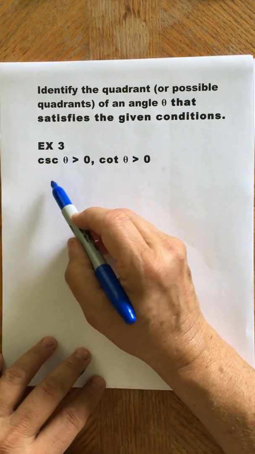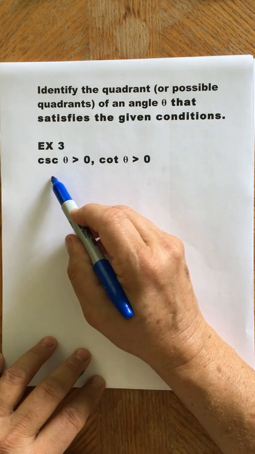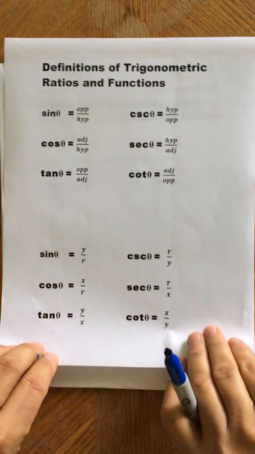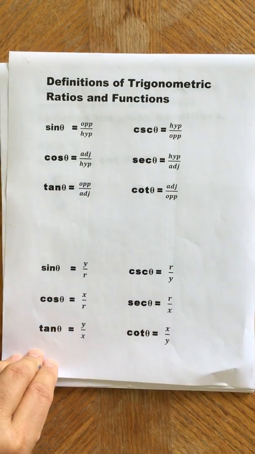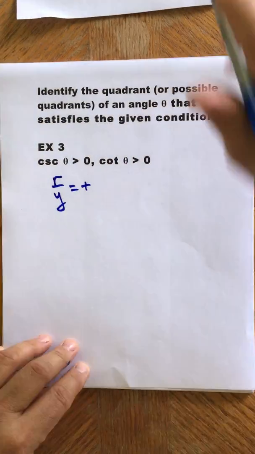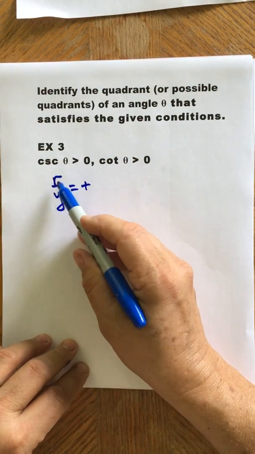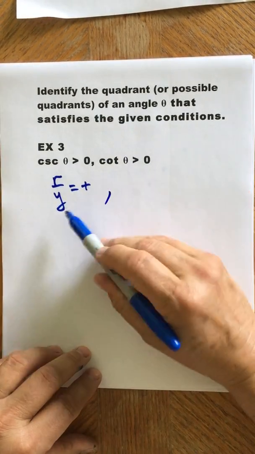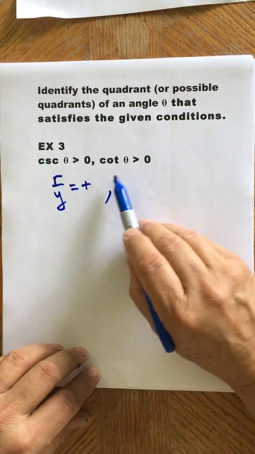Here we have the definition: cosecant is r over y, which is positive. You should have these definitions committed to memory. I can really think of that as 1 over y if I'd like, but r is always positive, so it's not going to affect the sign of the number.